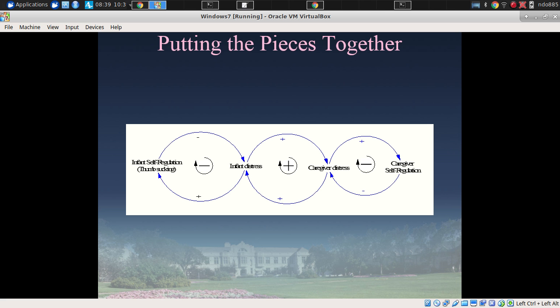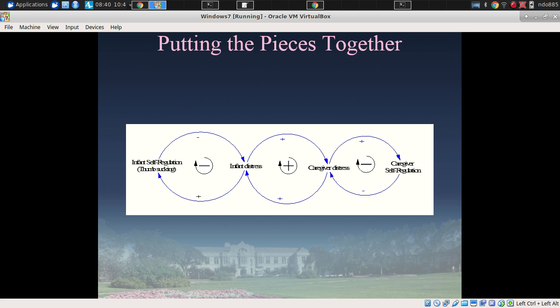Now, when we're dealing with these systems, it's very rare that we deal with one feedback at a time. Generally, you have multiple feedbacks, and these feedbacks interact in ways that are quite non-obvious. So we might have infant self-regulation and caregiver self-regulation. Maybe the caregiver is involved in efforts like yoga, meditation, and exercise that will lower levels of distress.